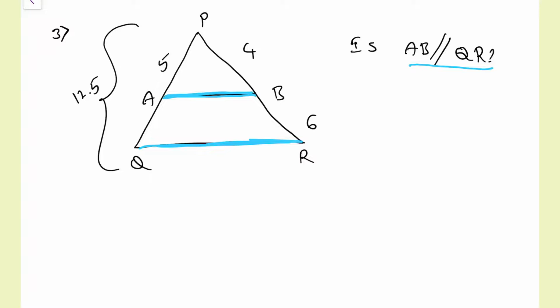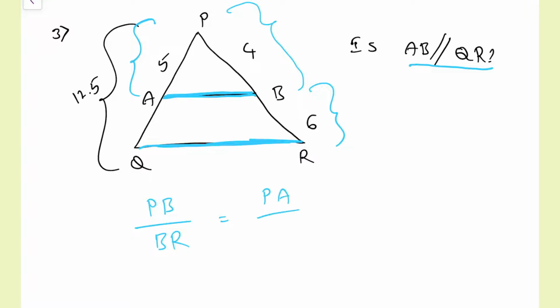What we need to do is take the upper one, that is PB, divided by the lower one BR. If it is equal to the left side upper part PA divided by the left side lower part AQ, upper one by lower one equals upper one by lower one.